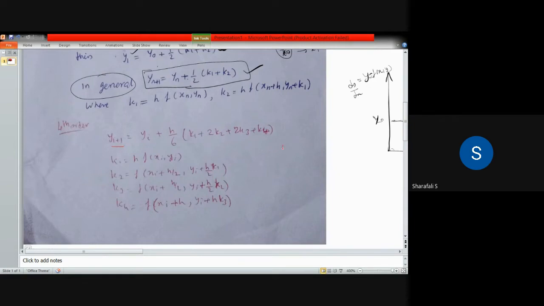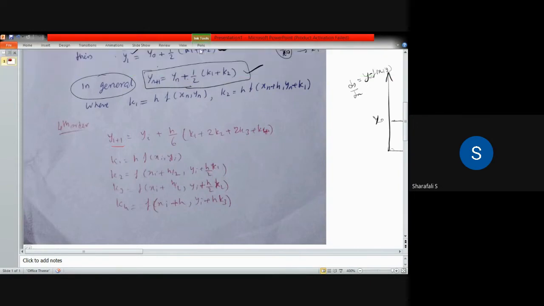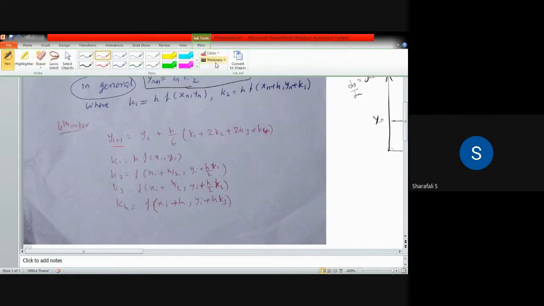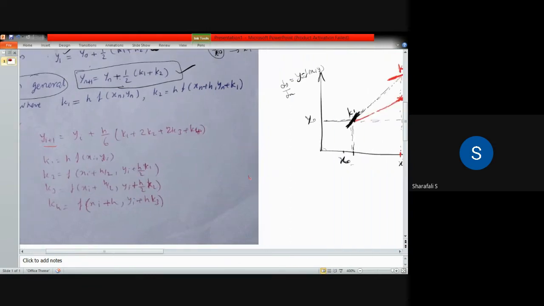I will write it below: yi plus 1 will be equal to yi plus 1 by 6 of k1 plus 2k2 plus 2k3 plus k4.